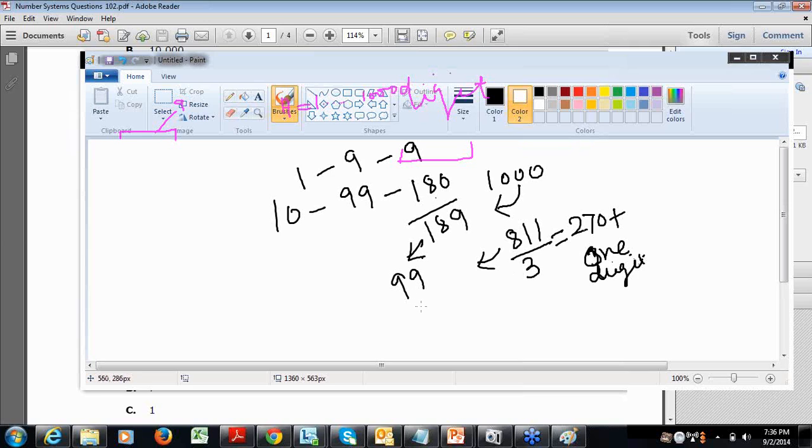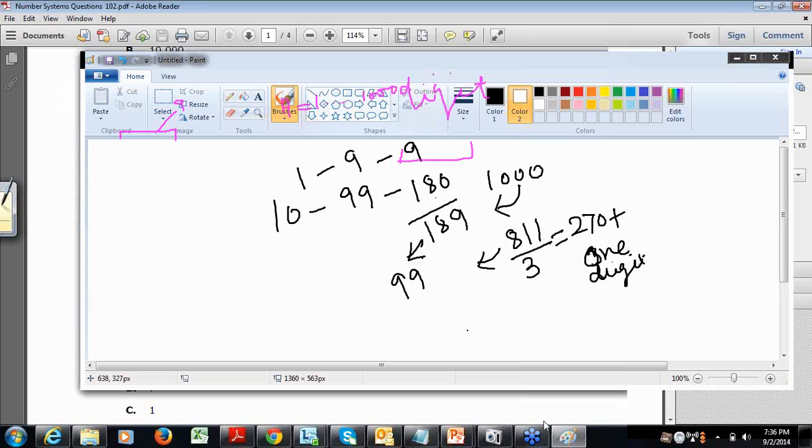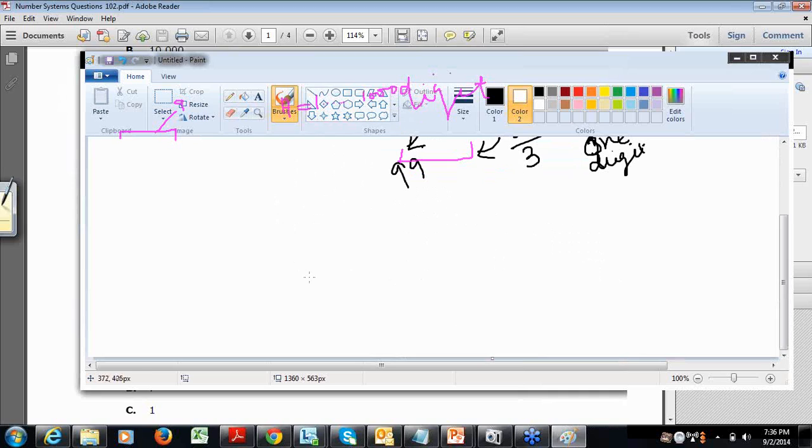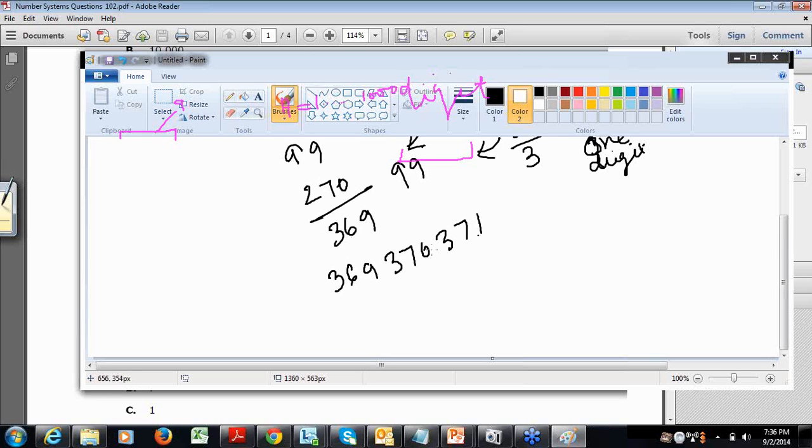So what will that number be? That number will be 99 plus 270, so 369. The number will be written something like this: 369, 370, 371.